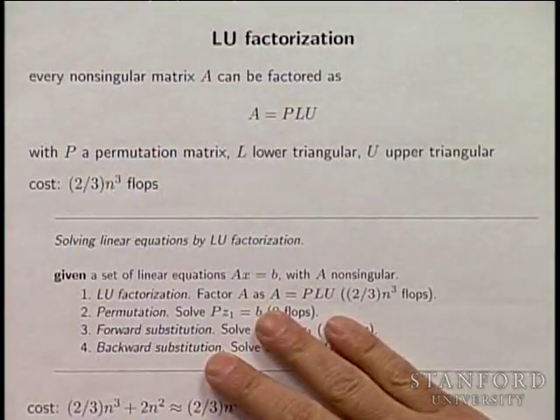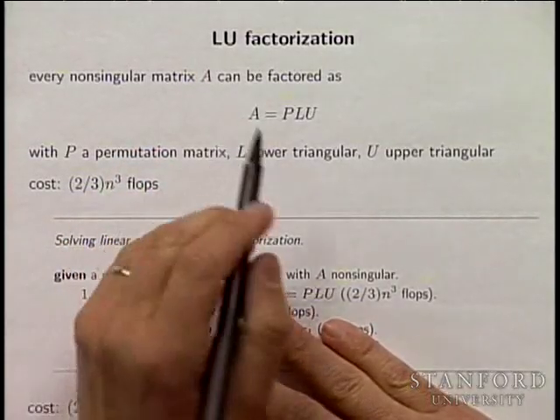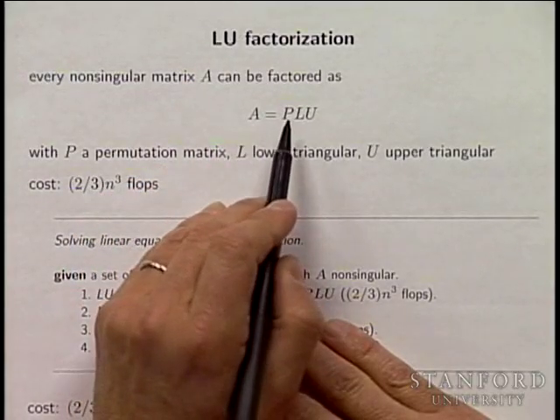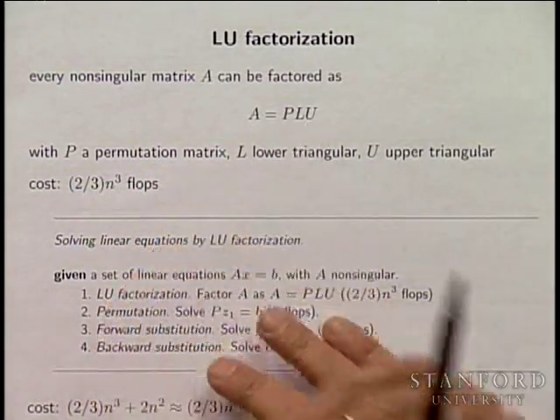Okay. Now let's talk about the factorizations. I won't get very far, but I'll say a little bit about it. The most famous factorization comes from Gaussian elimination, and it's this. Any non-singular matrix you can factor into a permutation, a lower triangular, and an upper triangular matrix, period.